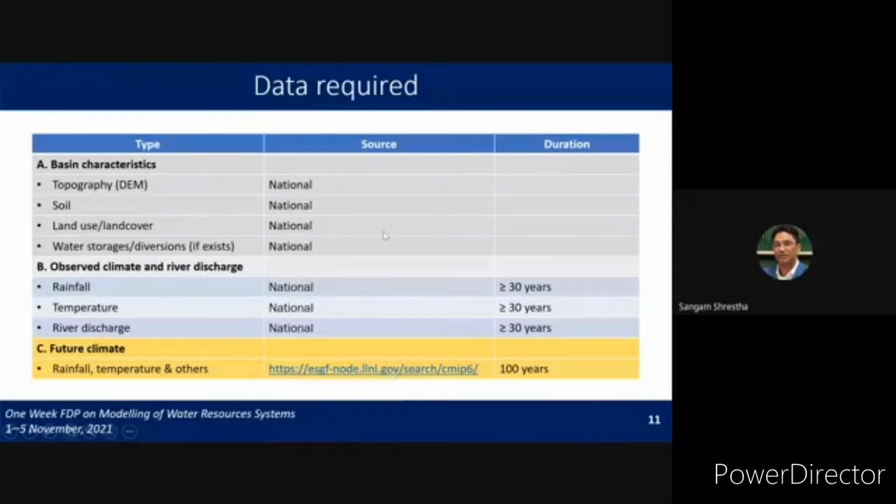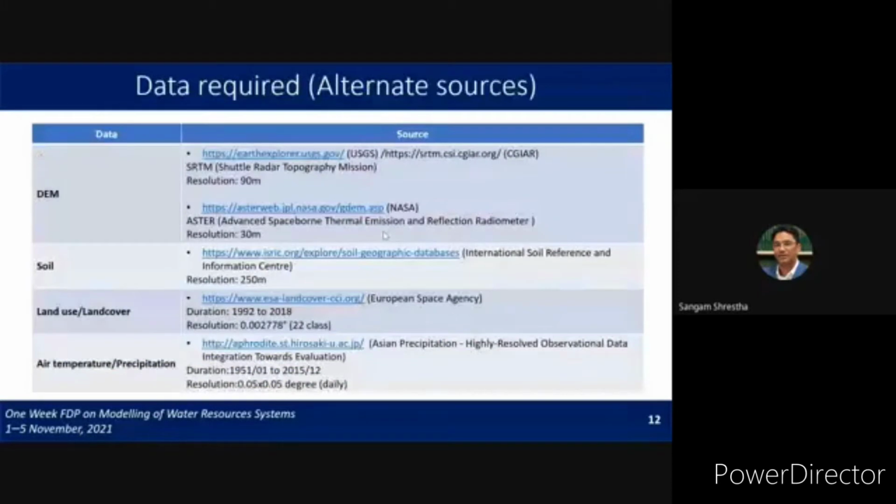And it's always good to use the national data set, but many times these data are not available from the respective government agencies, right? So in our region, there is always scarcity of data. So there are some alternate sources of the data, and I have also outlined these here.